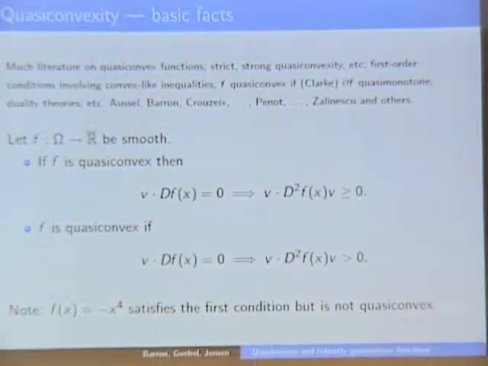For this function, the derivative is 0 at 0, and the second derivative is also 0. So the condition holds, but the function is spectacularly not level convex.